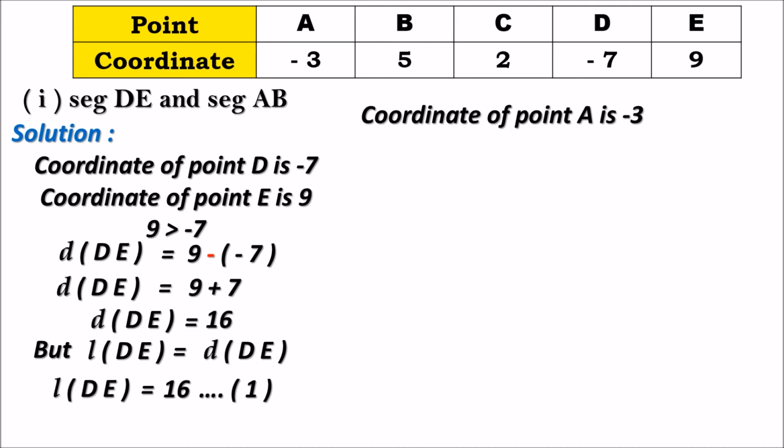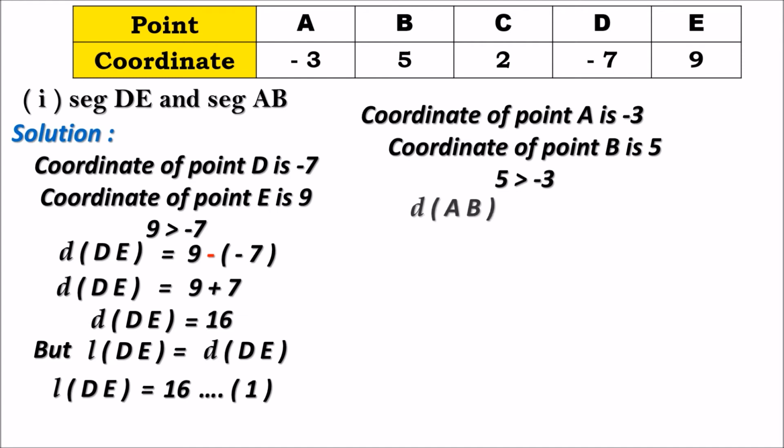Look here, the coordinate of point A is -3, the coordinate of B is 5. Now we will find distance AB. Which coordinate is greater among these two? 5 is greater than -3. So distance AB equals greater coordinate minus smaller coordinate. So what is the greater coordinate over here? 5. The smaller coordinate is -3. So 5 minus -3.